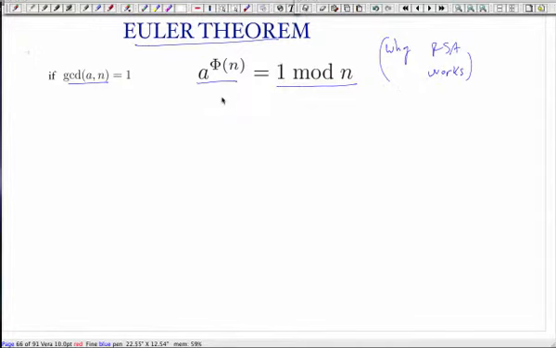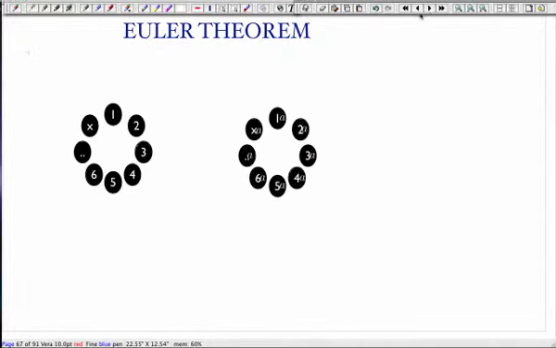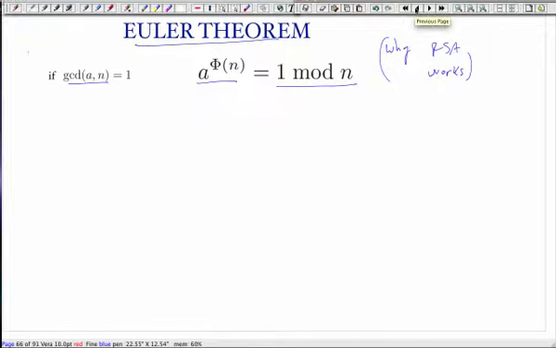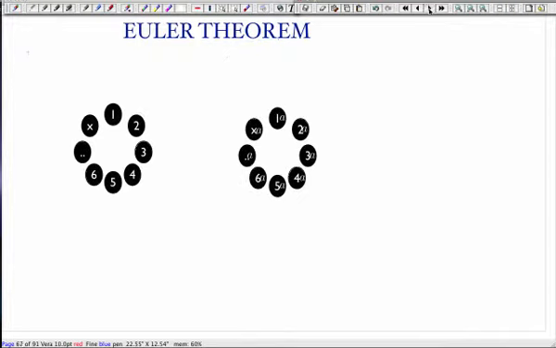Now, let's see. Can I give you a few examples? So, why is this true? There's a kind of cool idea that if you had a little bit of number theory, you can get this idea. And I'll give it to you as a very short little vignette. So, take all the numbers in that set.